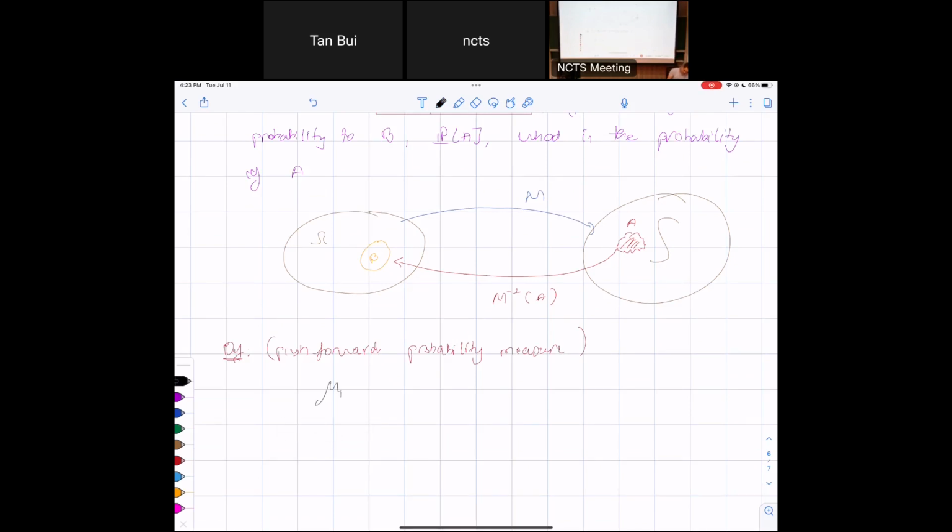Mu of M, the probability measure of M on the set A, is sometimes written as M, the power sign, and then P, of A, and is defined as the probability of B, or the probability of the inverse image of A, for any set.